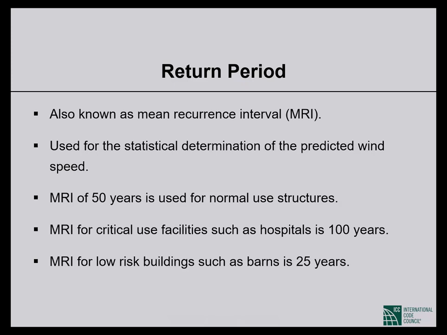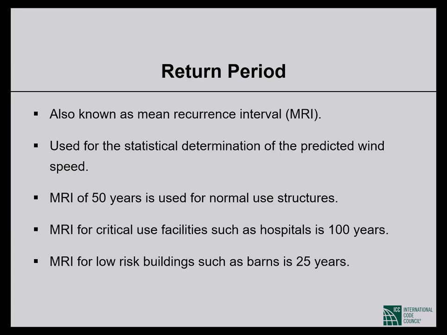For critical facilities, hospitals, police stations, fire stations, we use 100-year return period wind, rarer wind events. And for structures where no life safety is at stake, like a barn in a farm, we are allowed to use 25-year return period wind, more frequent wind events than the 50-year return period wind.